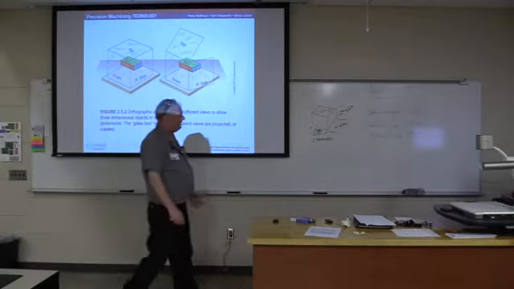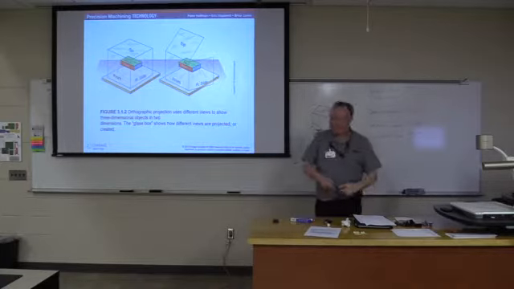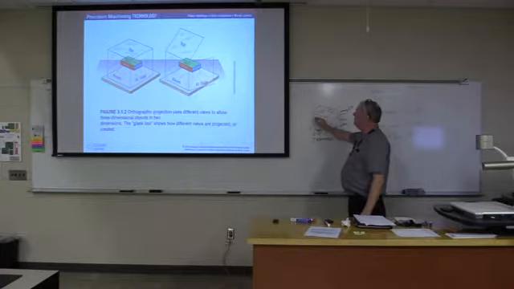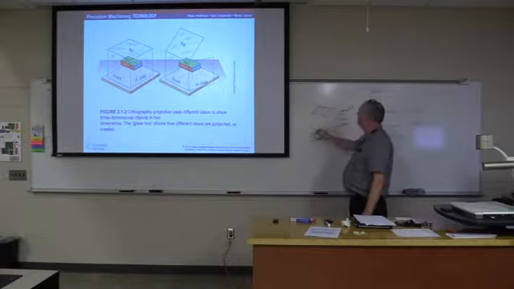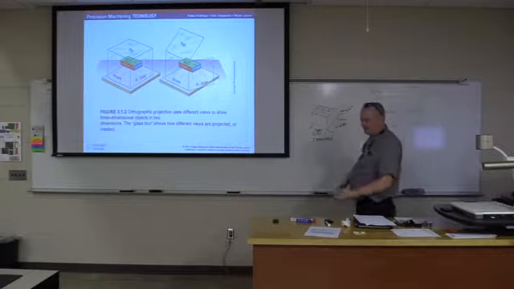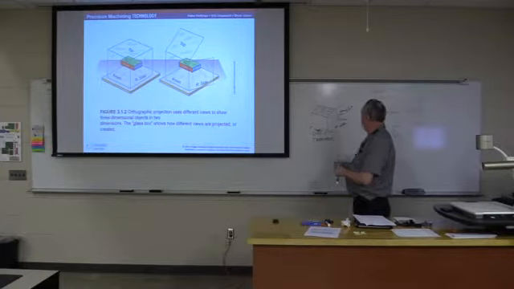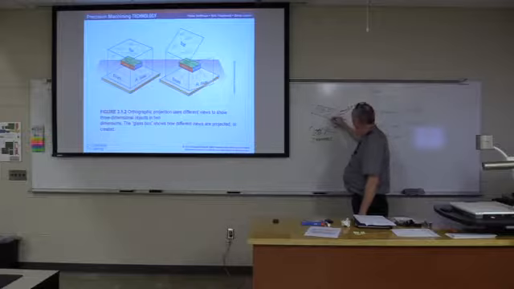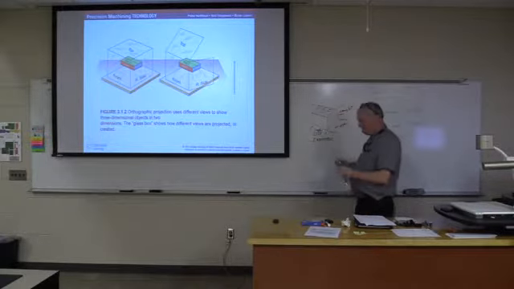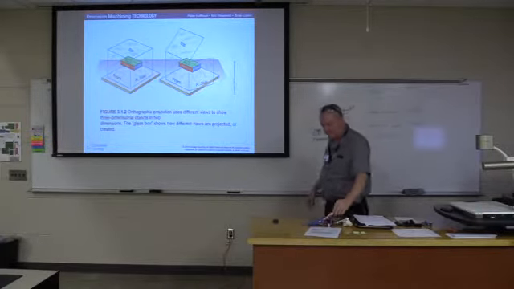So again, this is that drawing we just had up there. This would be the top view right here. And then we have a right side and we have a front. So the right side is blue here, right? And then the front is red.